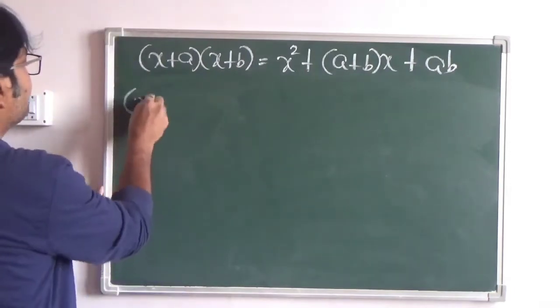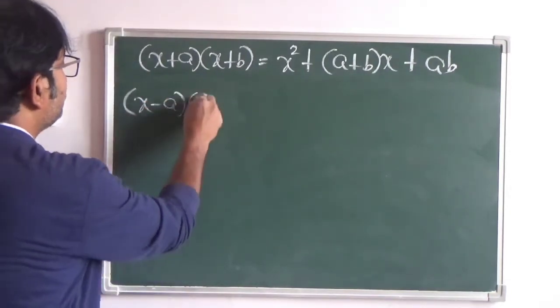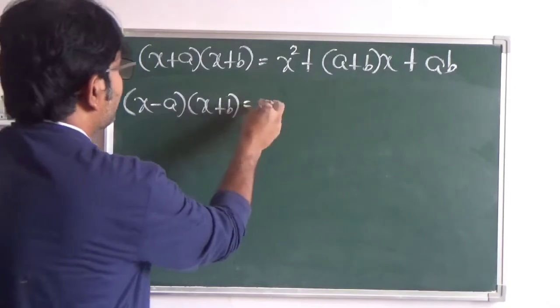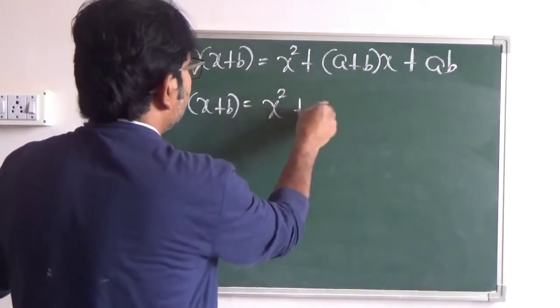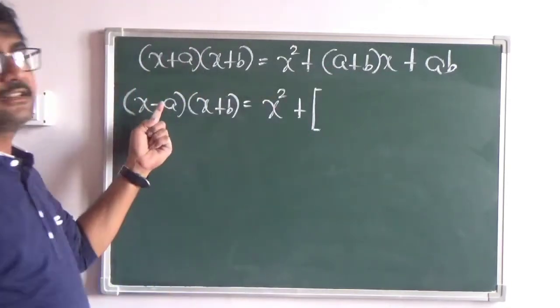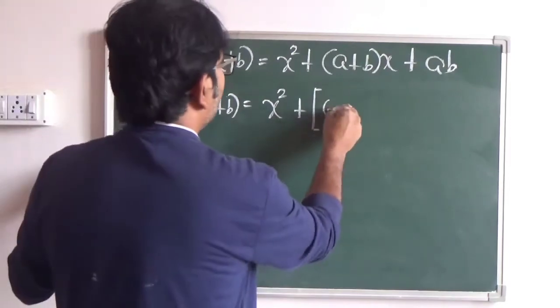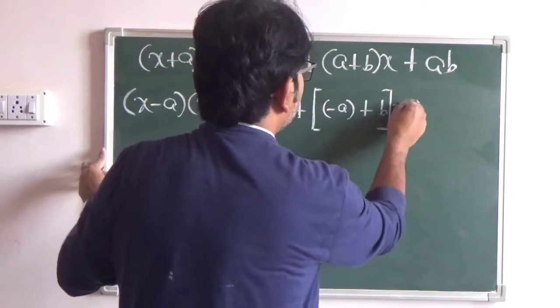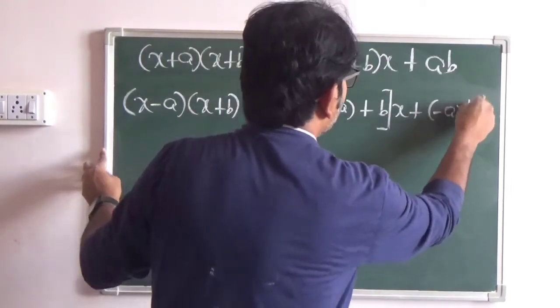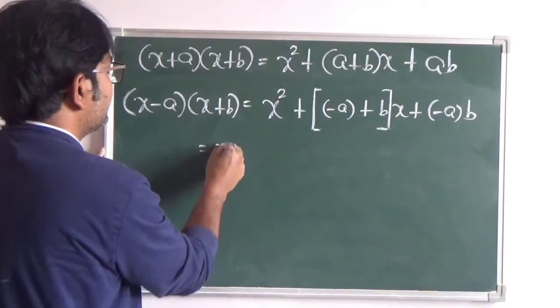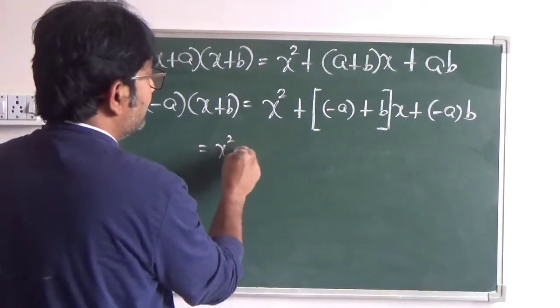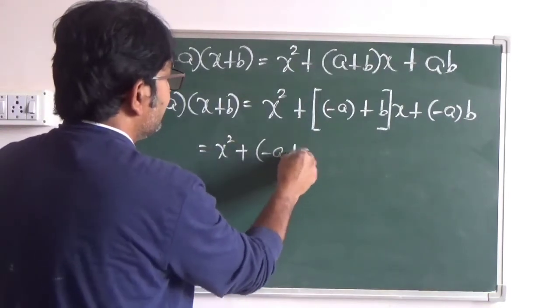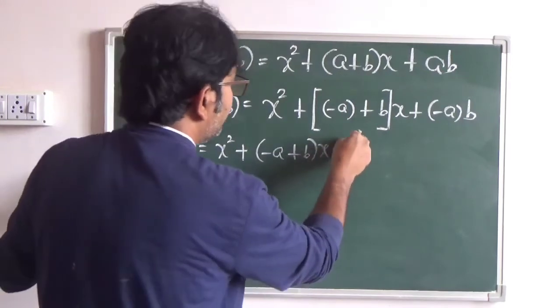Supposing it is (x - a) into (x + b). So what we do, x square plus, in place of a we write minus a, plus b into x plus of minus a into b. So this is x square, if you take plus, that is (-a + b) into x minus ab.